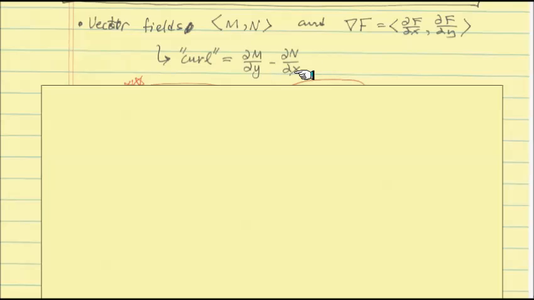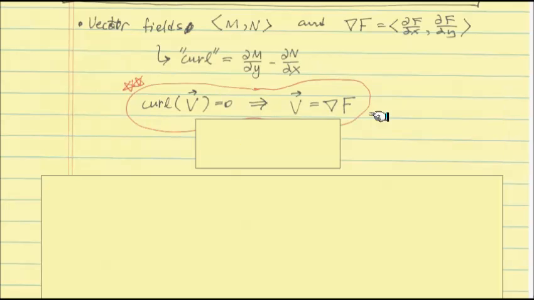So that is equivalent to the curl here being 0. But even if it is a three-component vector field, and therefore you have a gradient vector that's three-component, this formulation is the same. The formula of the curl is slightly more complicated. The vector field is given, and there's a curl vector field.